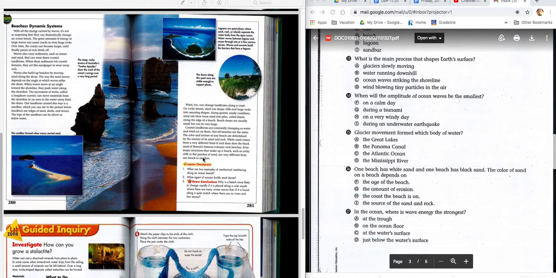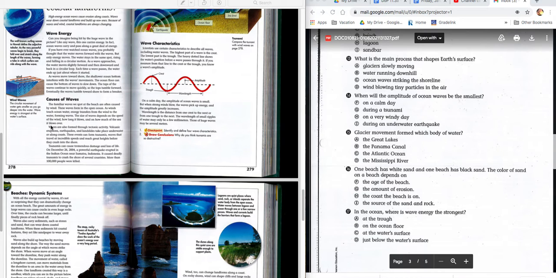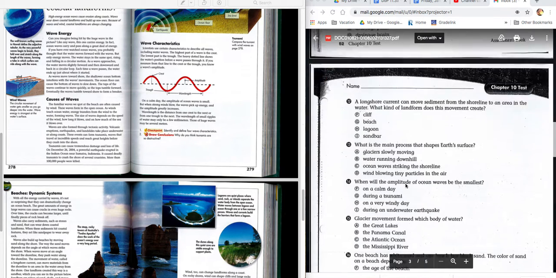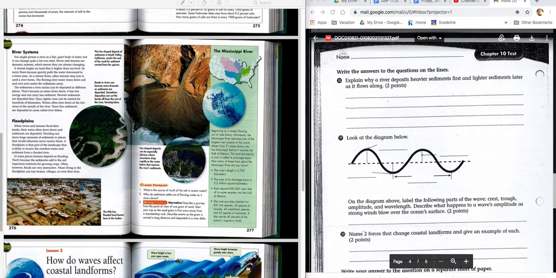In the ocean, where is wave energy the strongest? That's 278. You're on over here to short answer. Explain why a river deposits heavier sediments first and lighter sediments later. Boom, right here, 276 paragraph.